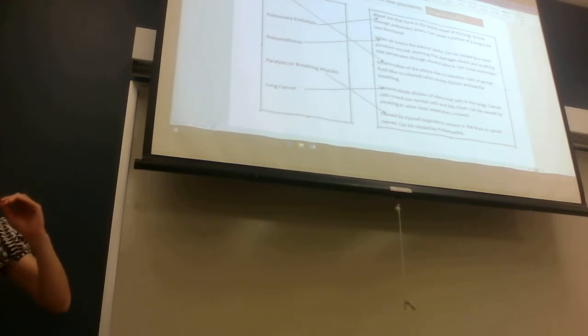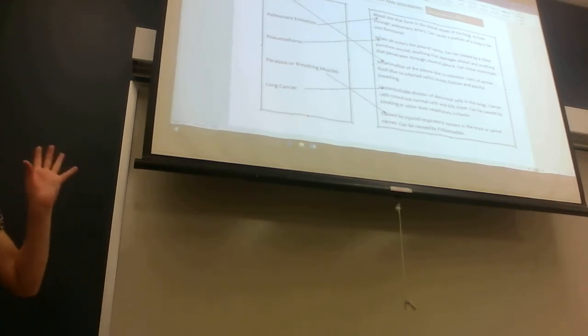If you have a clot, that needs to be removed as soon as possible because it can damage the lung. And if you only got one lung, you're in trouble, to say the least. So that's pulmonary embolism.